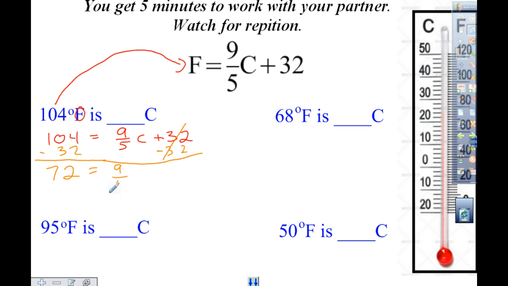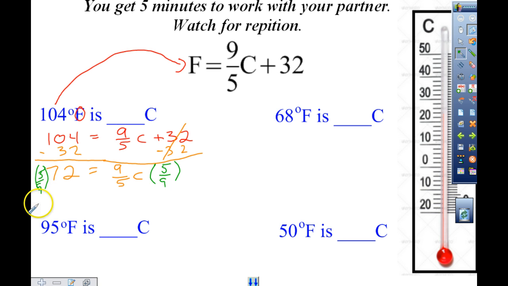Equals 9 fifths C. And we know when we have a fraction coefficient, you have to multiply by the reciprocal. Oh no, 5 ninths. The other one, the reciprocal, 5 ninths. Even better, because 9 goes into 72 evenly.